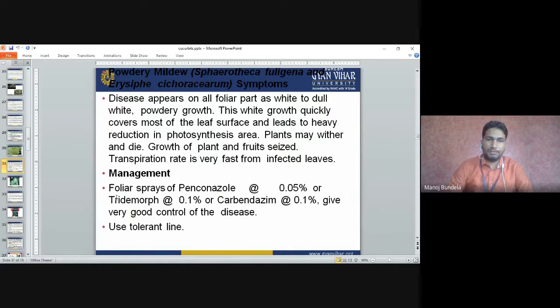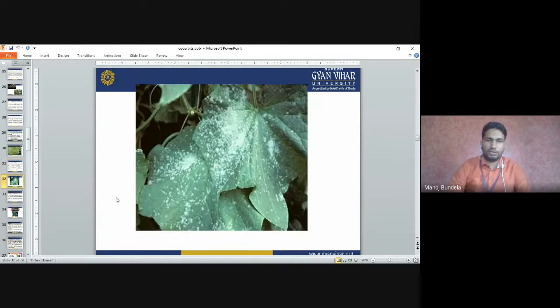Management: a foliar spray of penconazole 0.5%, tridemorph 0.1%, or carbendazim 0.1% gives very good control of the disease. Use tolerant lines. You can see the powdery growth developing on the upper surface of the leaf. If the powdery growth develops, the green area will be reduced and the photosynthesis rate will be stopped.